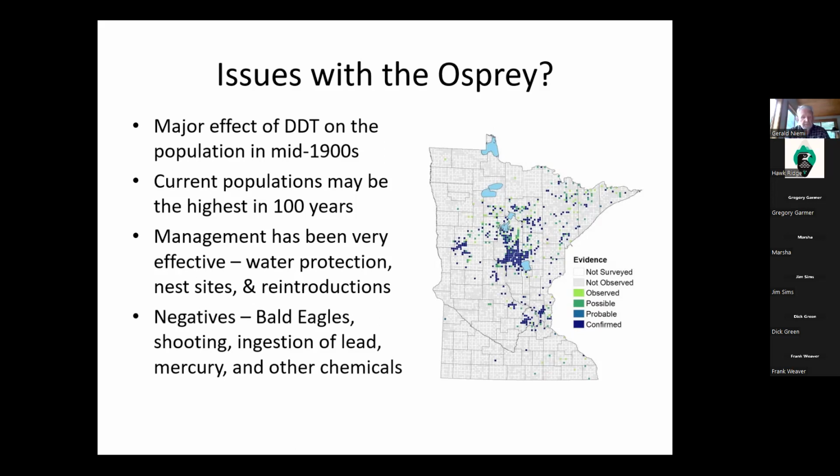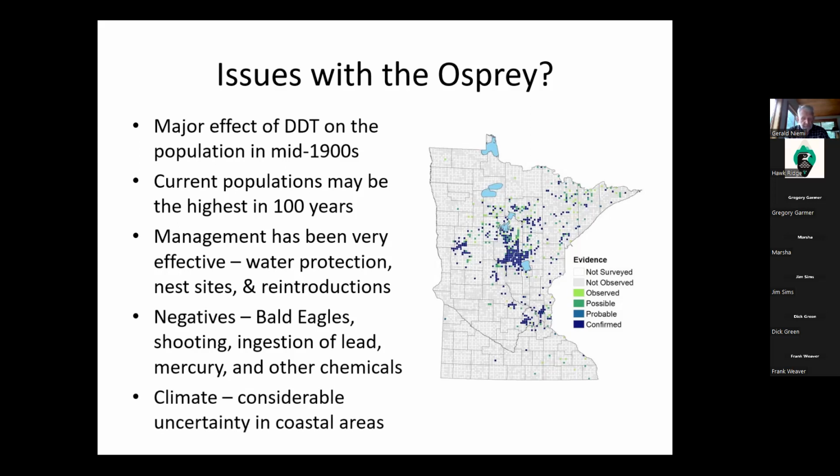Negatives: yeah, bald eagles and osprey don't necessarily get along. Bald eagles are pretty aggressive sometimes with osprey. In the past, and probably still currently, they're still shot. Ingestion of lead is potentially an issue, along with mercury and other chemicals, as a fish-eating bird that might be exposed to many of those chemicals.